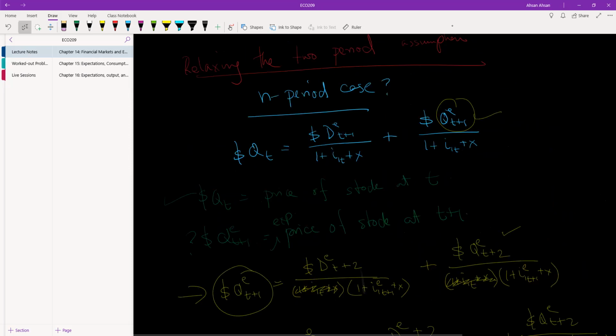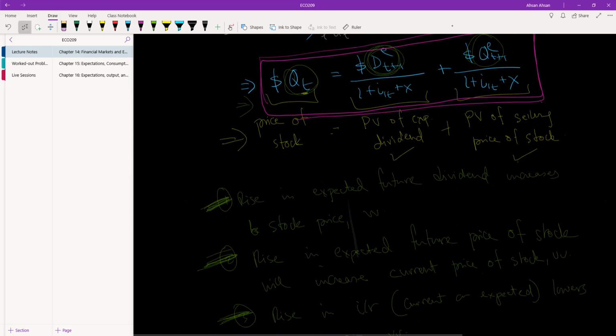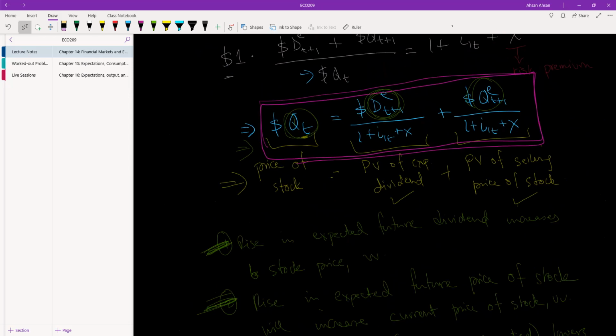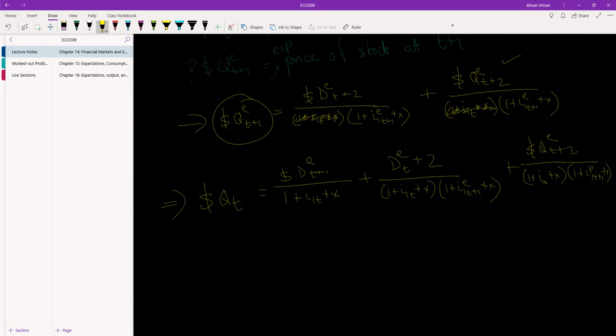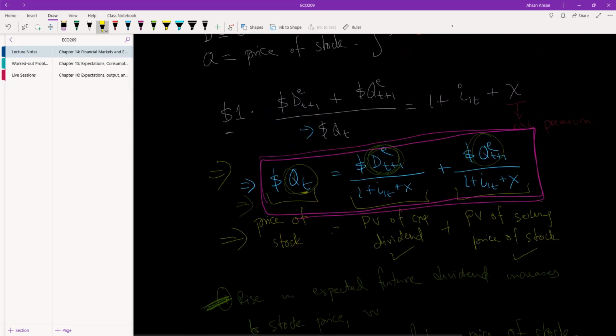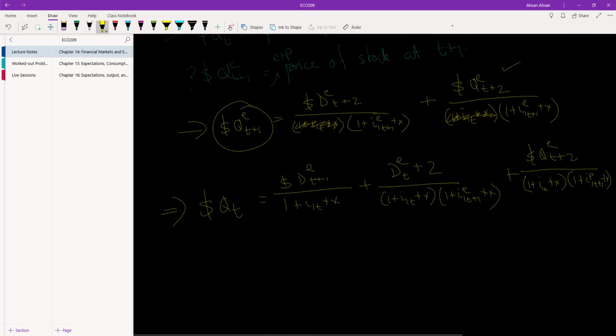So what's the difference between this formula that we had derived and this new formula? The only difference is we have taken the expected price of the stock in period t plus 1 and we have expanded that.